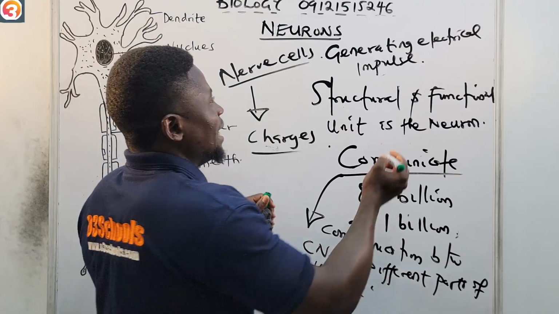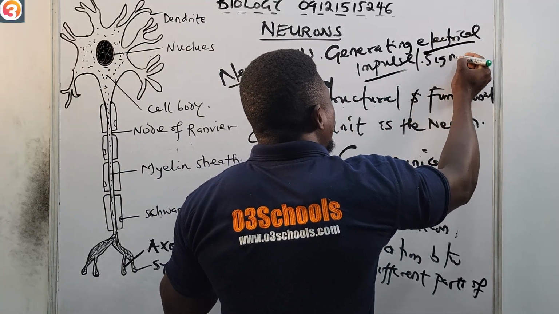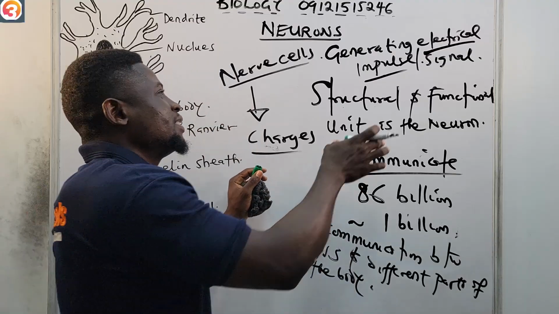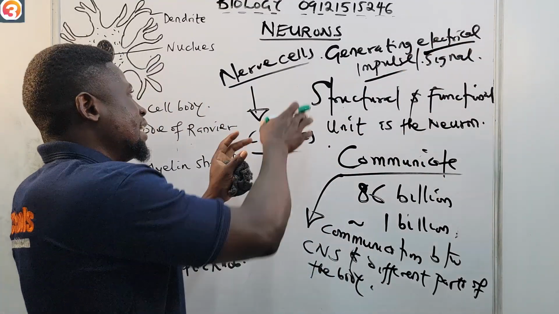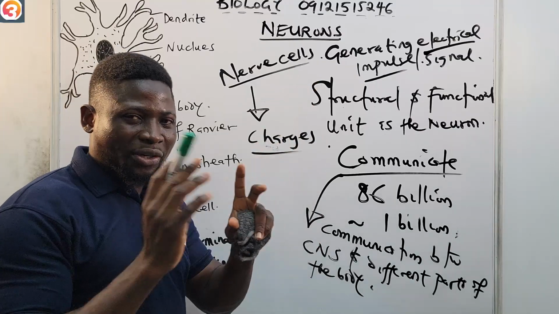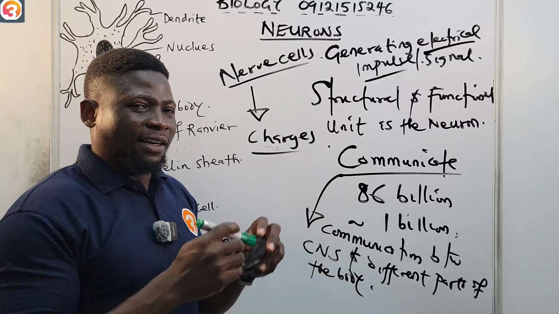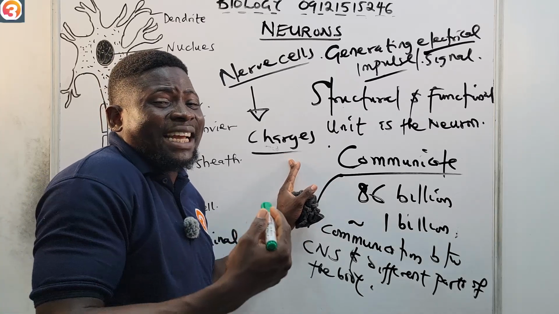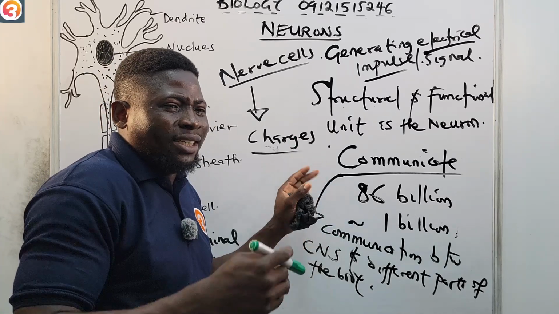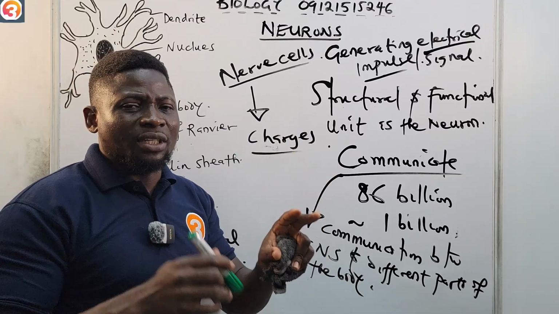We have said that an electrical impulse or signal is generated, and because of this, it therefore means that these nerve cells or neurons will definitely have charges. And these charges get discharged due to a difference in the ions.